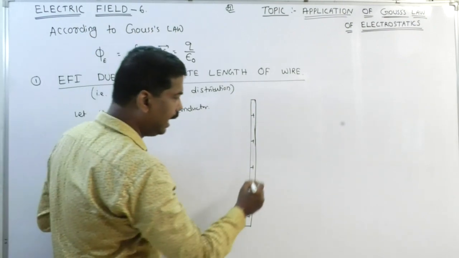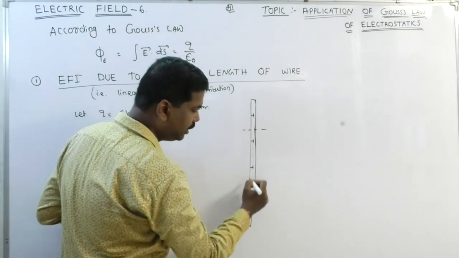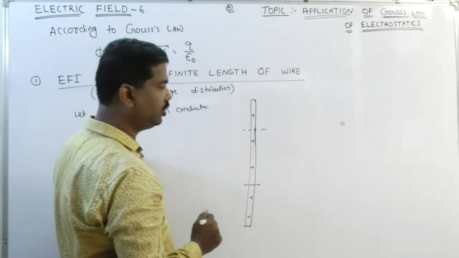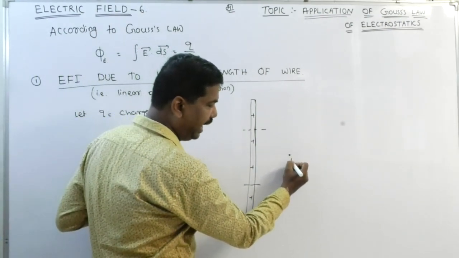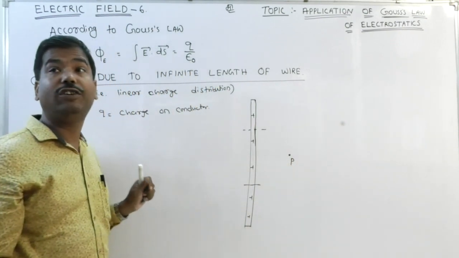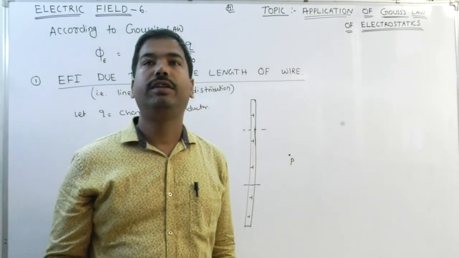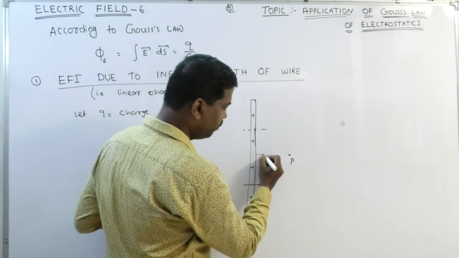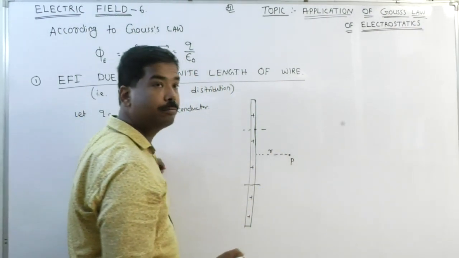Clear? Let us assume a small portion of length dl having charge dq. Let P be any observation point where I want to find the electric field intensity. Let this distance be r.